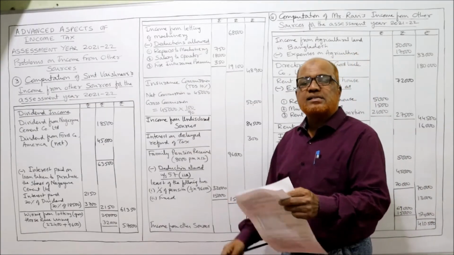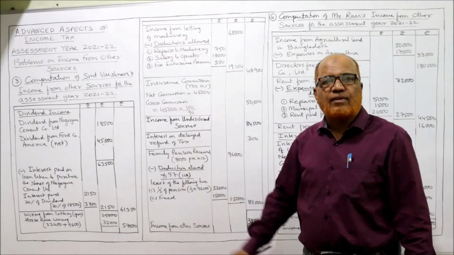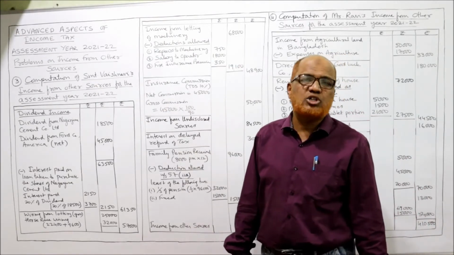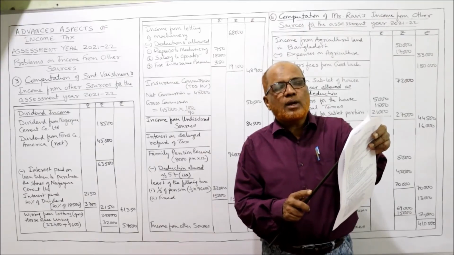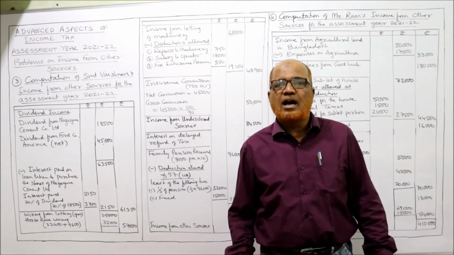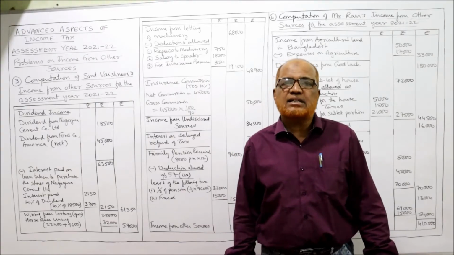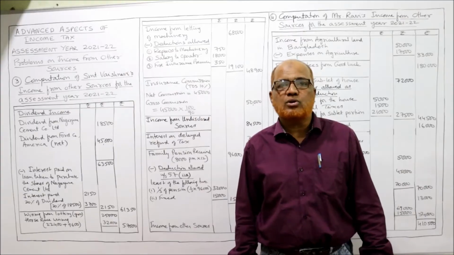Next comes insurance commission. Insurance commission is also taxable under income from other sources, but gross commission we require. In the problem, net commission is given. Insurance commission received 45,000, TDS 10%. After deducting tax deducted at source, 45,000. We need the gross amount.